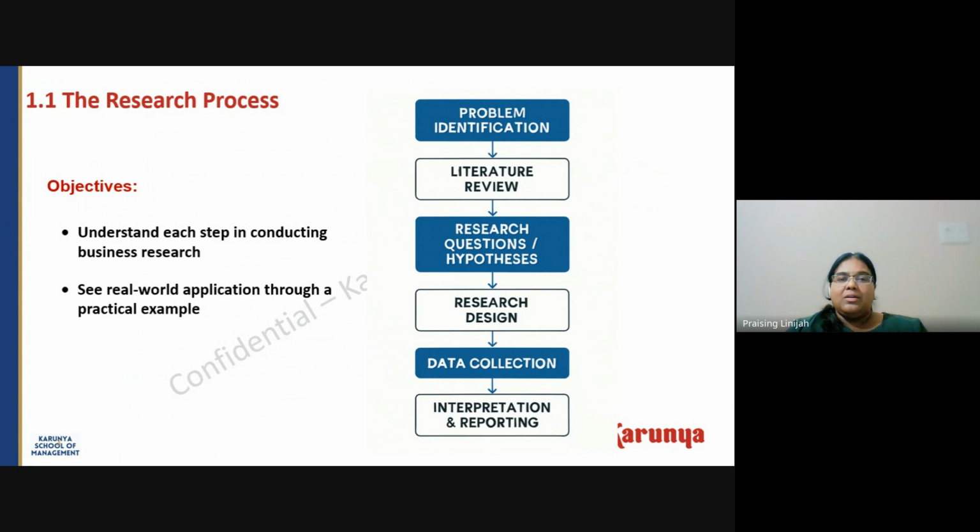Today, let's unfold the research process step by step using an exciting example of a retail store facing a challenge in customer loyalty, something every business values deeply. So, what is the business research process?